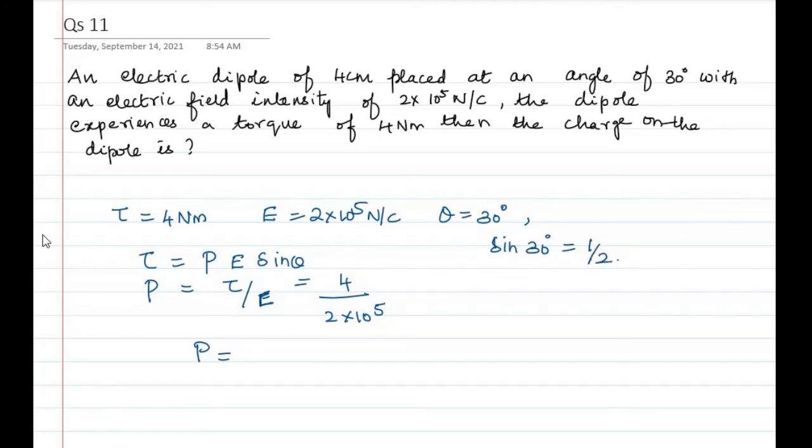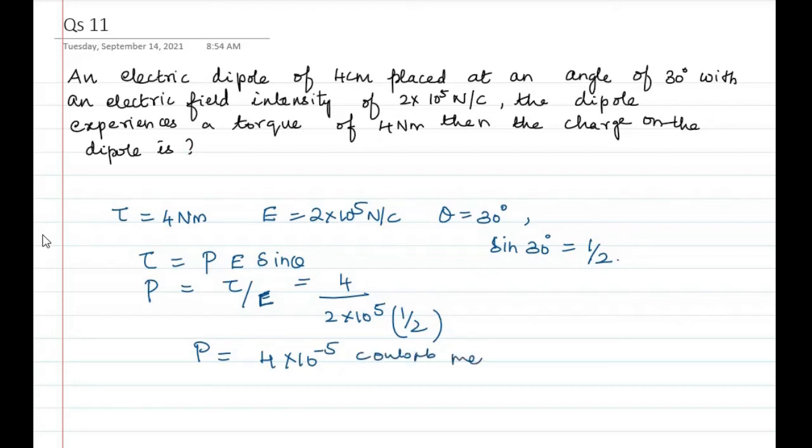Substituting these values, we'll get P is equal to 4 into 10 to the power of minus 5 coulomb meter.